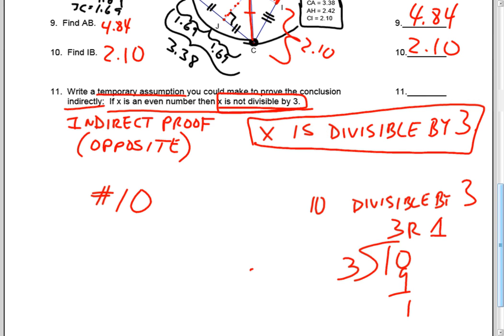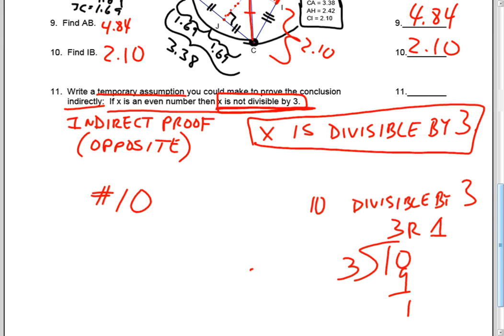The next time I see you, we'll be doing some examples that don't involve numbers. It's a little bit more difficult when we're dealing with algebra. When we get to geometric indirect proof, you'll see it a little more clearly. But the idea is, whatever it is that you're trying to prove, you look to its opposite.